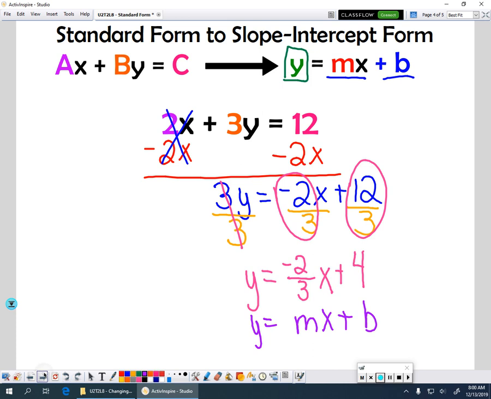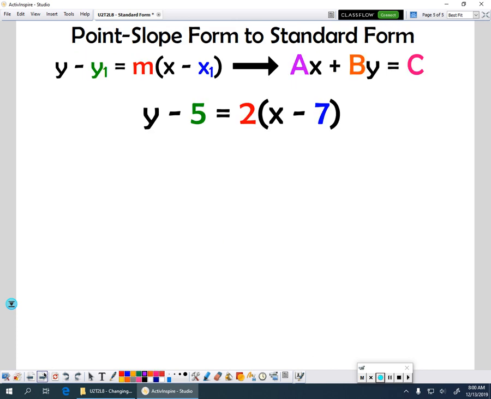Now, there's one more type of notation we need to look at, and that's going from point slope to standard form. This one looks complicated, but it follows all our same equation rules. We're going to go all the way back and start with our distributive property. So first things first, we're going to distribute. I'll get y minus 5 equals 2x minus 7. Now I'm going to think about what type of form I want.